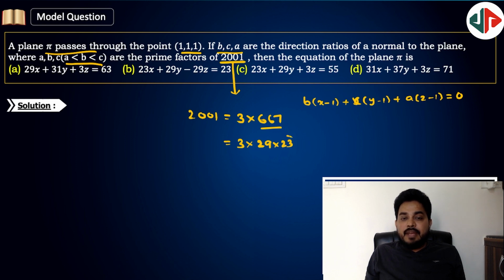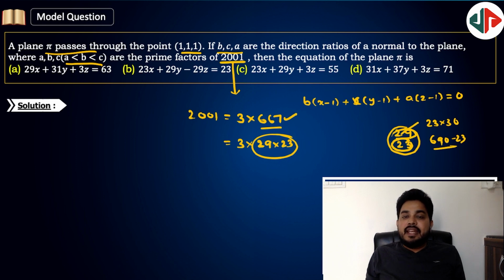Both are prime numbers, because you look at 29, 23. So 23 into 30 will be equal to 690, minus 23. Yes. So among these, this value should be 29 and this value should be 23.